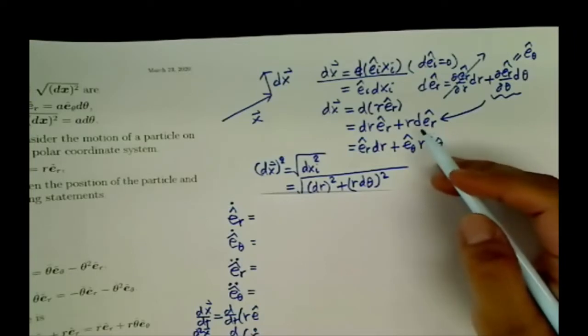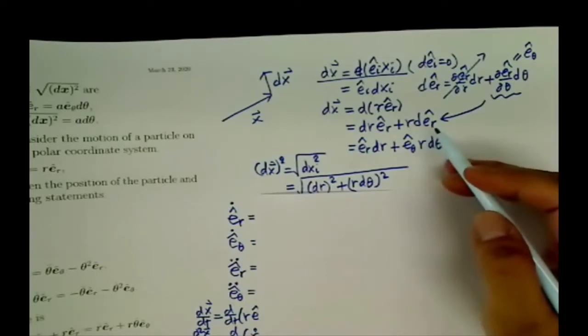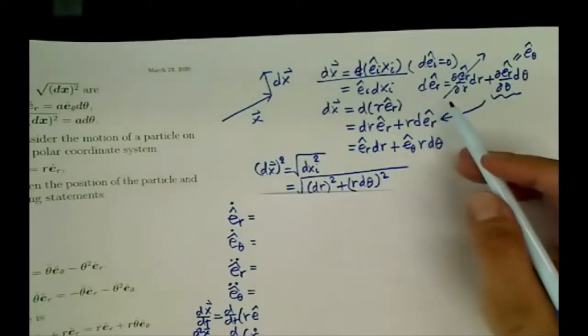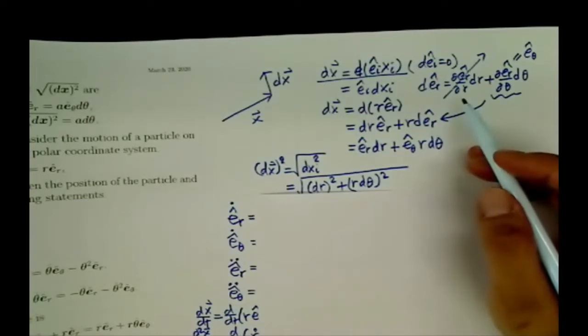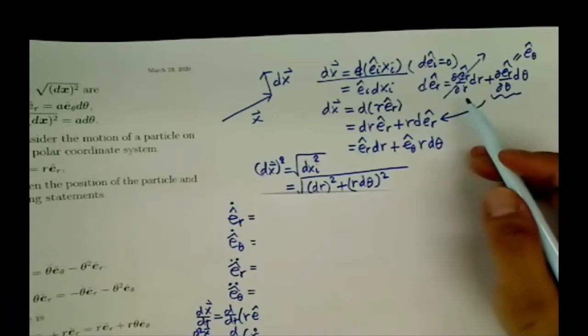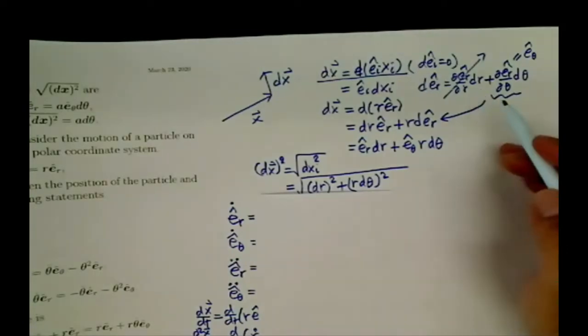This differential of er can be expanded as components along the r direction and theta direction. So we take the partial derivative with respect to r and multiply dr. Take the partial derivative with respect to theta and multiply d theta.